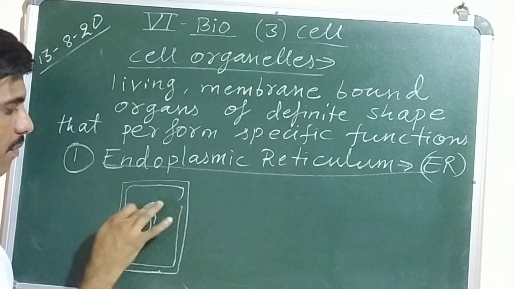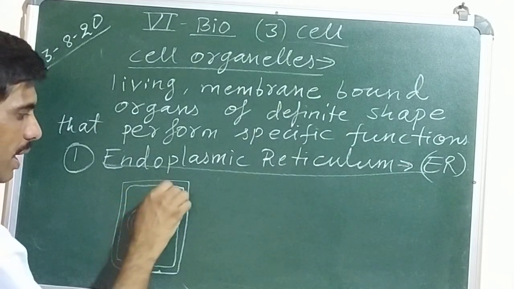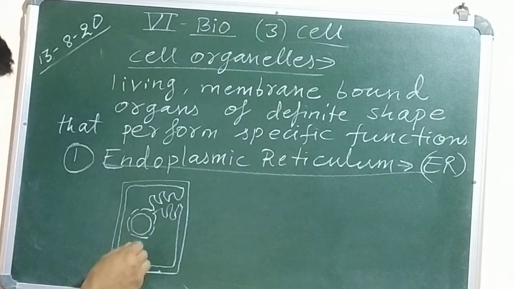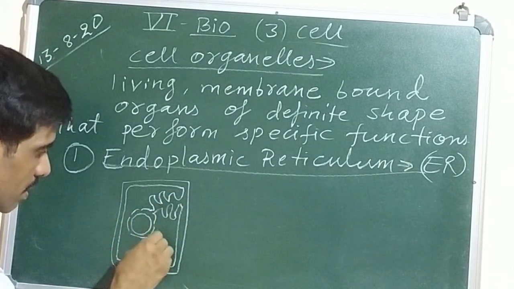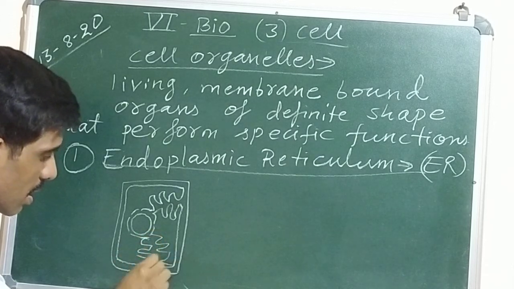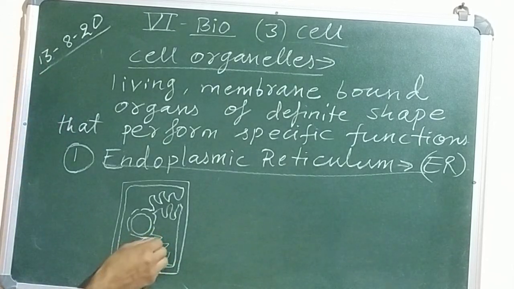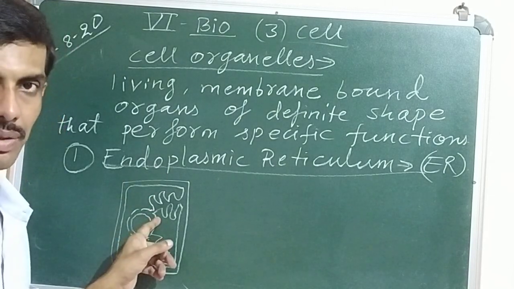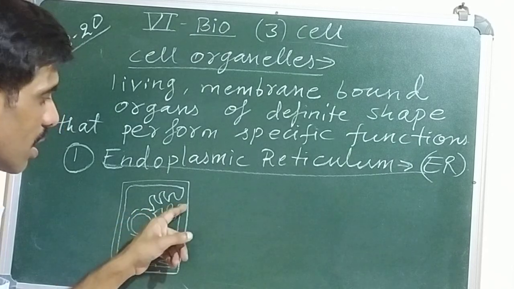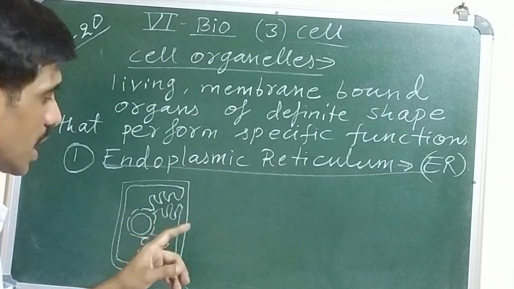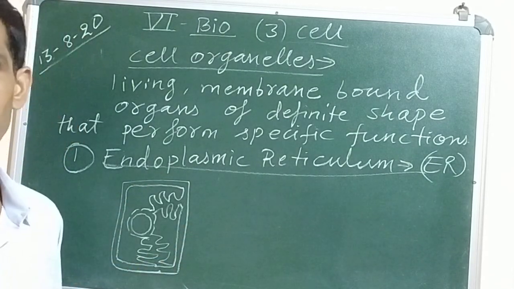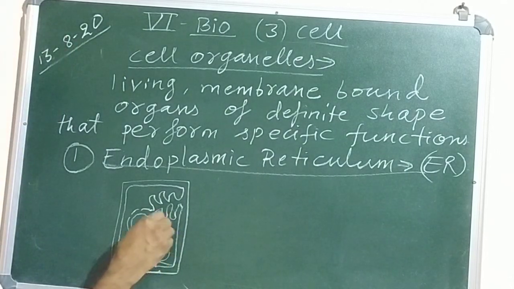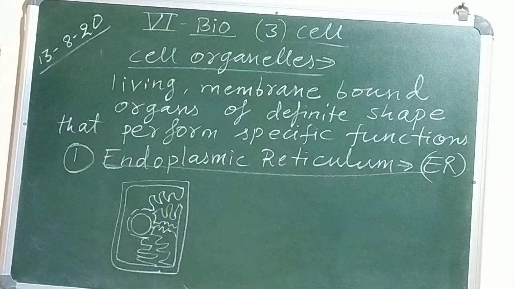So it is in the form of a tube-like structure. It provides a supportive skeletal framework to the cell. Just like we have the bones in our body, so plenty of this endoplasmic reticulum is present inside the cell.